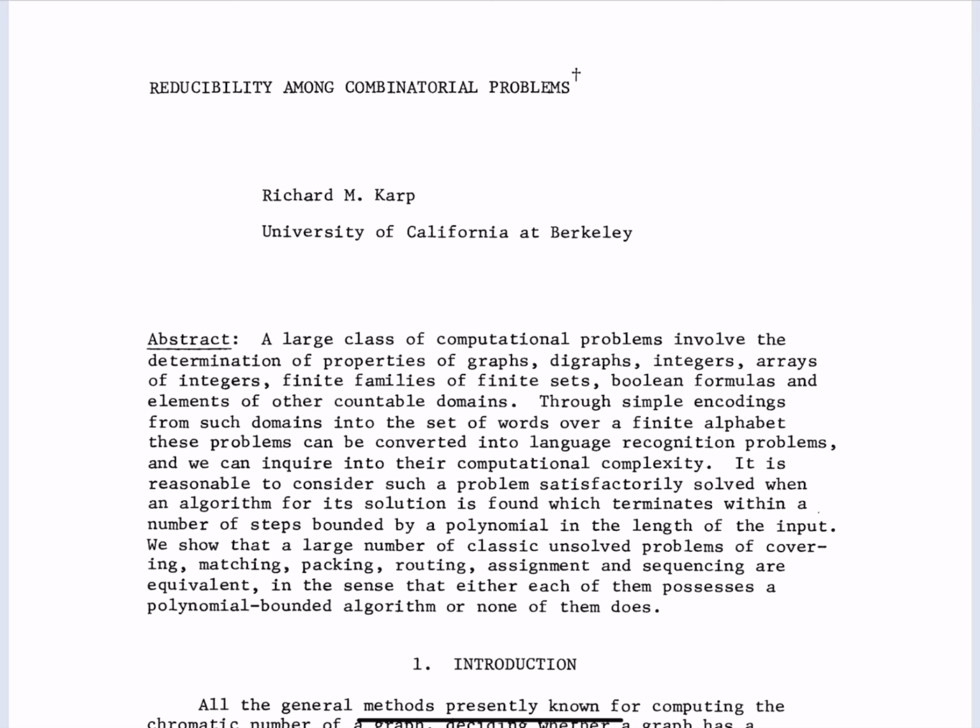Anyway, just a historical note. This really happened over the course of 2 papers. The argument that any polynomial time algorithm could be turned into a polynomial time circuit comes first, by 2 people, Cook and Levin. What comes a year or 2 later is this paper by Richard Karp, who pointed out all of these common problems that everybody was stuck on: subset sum, Hamiltonian path, SAT.